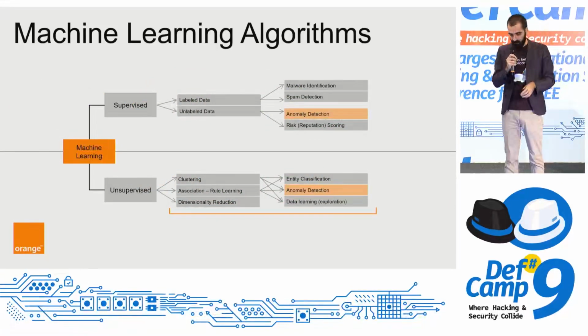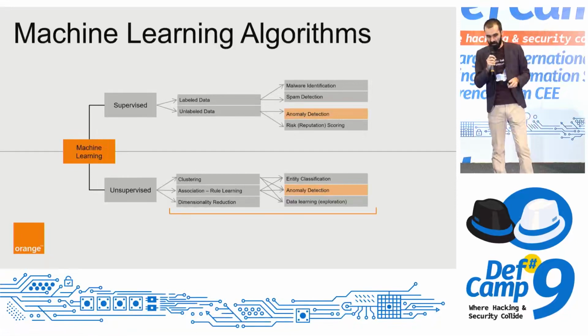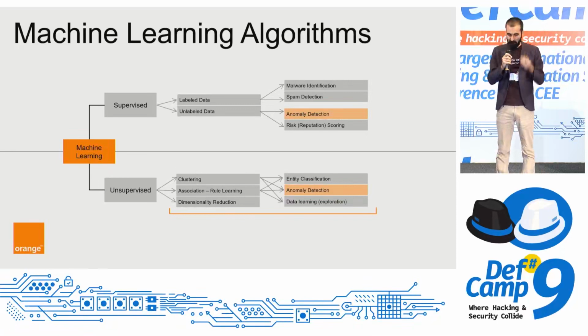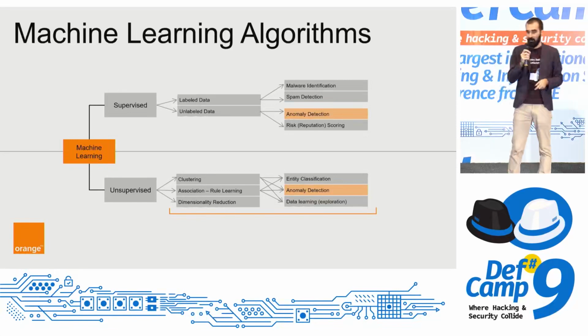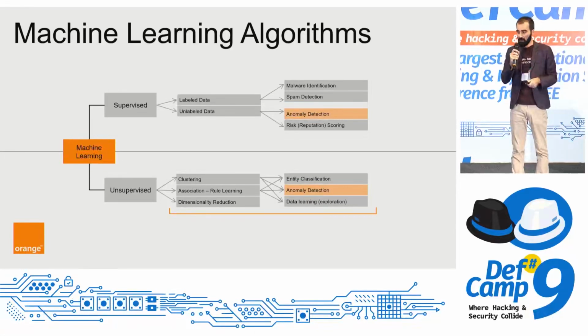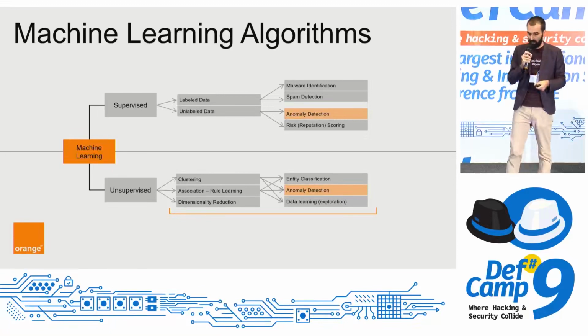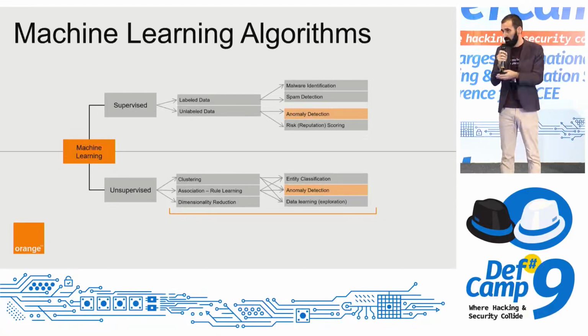This is a very quick overview and representation of the algorithms as we are currently implementing them. You have your run-of-the-mill use cases for supervised machine learning, and that is spam detection and malware ID. And of course, going above or below the baseline, our algorithms can help us detect some anomalies that we can act upon and investigate further.